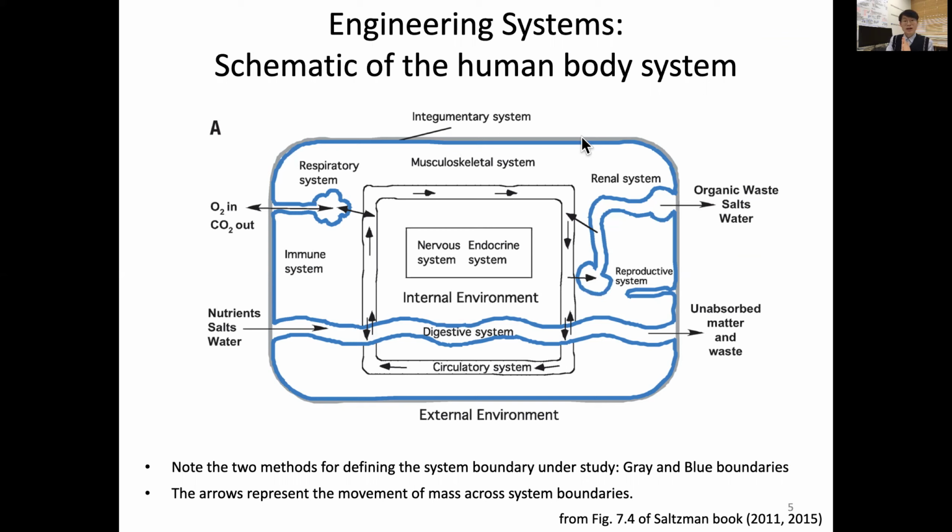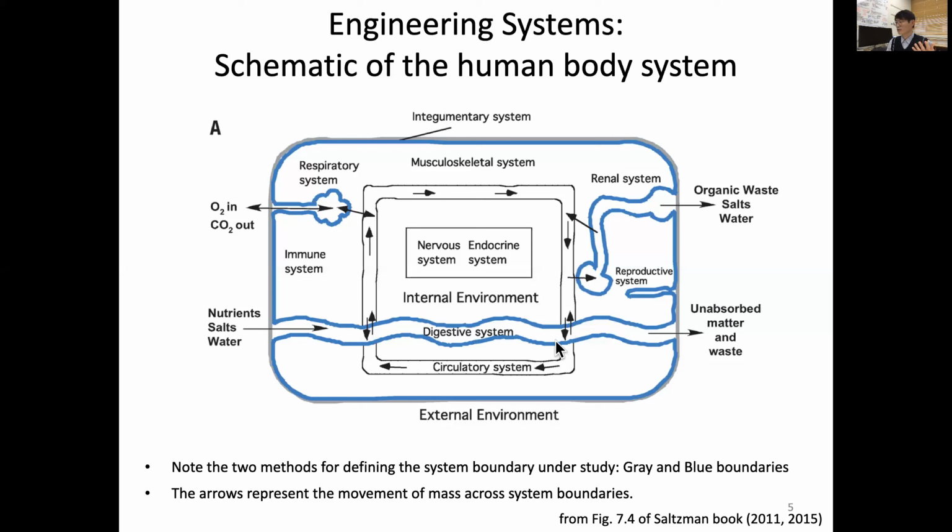But on the other hand, we can define our system as really the epithelial layer of our body. Then technically, the inside of the digestive tract from the mouth to anus can be considered outside of the system. That new definition is represented in blue here. So we can define epithelial tissue as the system boundary.